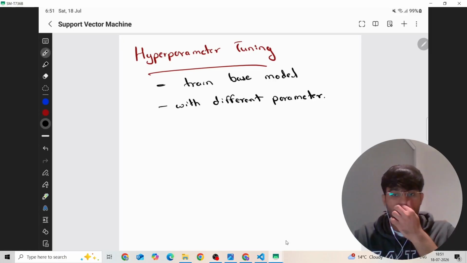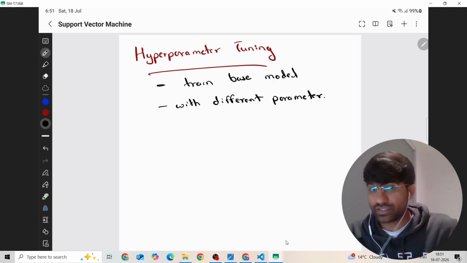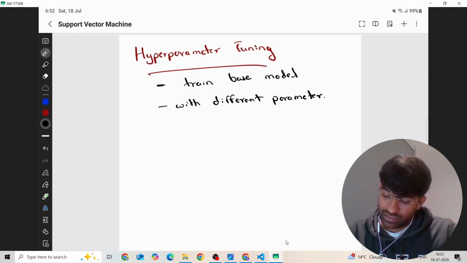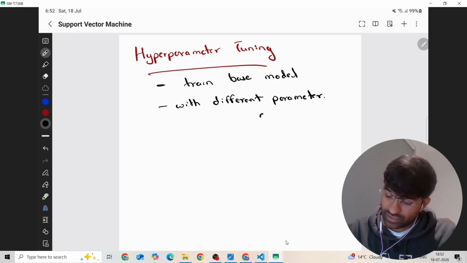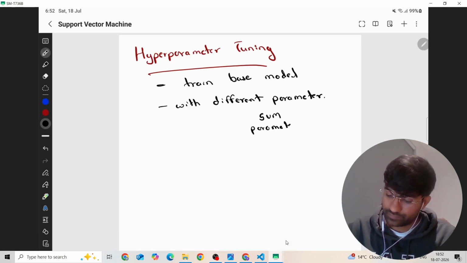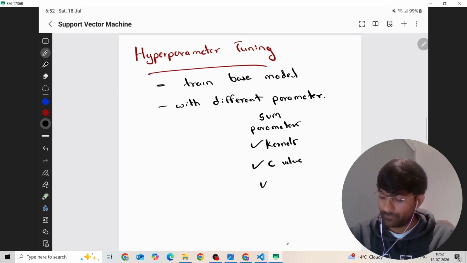Parameters will differ for different algorithms. Parameters are not the same. For support vector machine, you have seen the parameters: we have kernels, c value, gamma value.